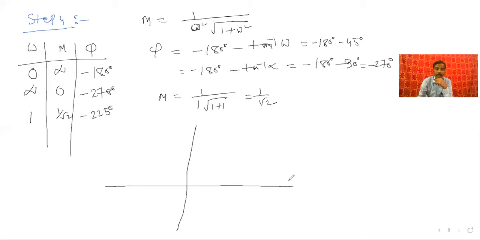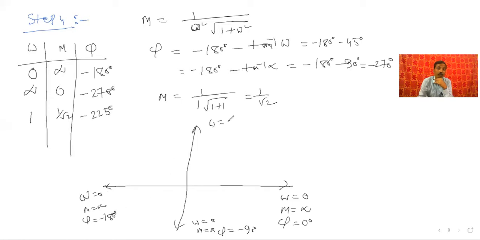This is the direction of the plot. At phi equals to 0 degree, minus 90 degree, minus 180 degree, and minus 270 degree, with omega equals to 0 and M equals to infinity. At origin, omega equals to infinity and M equals to 0.